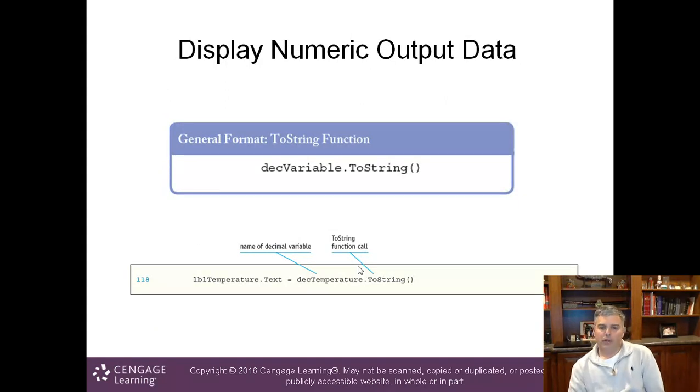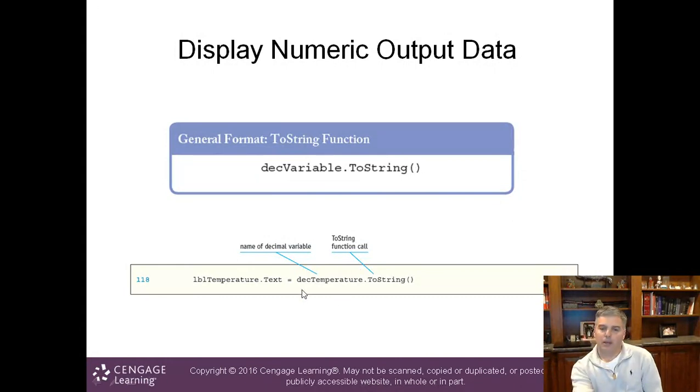So once we've declared our variables, converted our variables, and run our arithmetic on them, the last step is to get the data out of those variables and output it back to our user. What we're going to do is put those values in a label. To do that, we've got to convert our number from a decimal or an integer back to a string, because whatever we put in a text box or a label has to be a string.